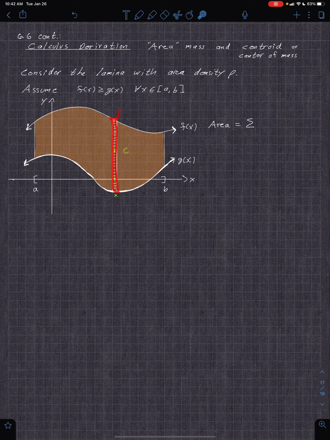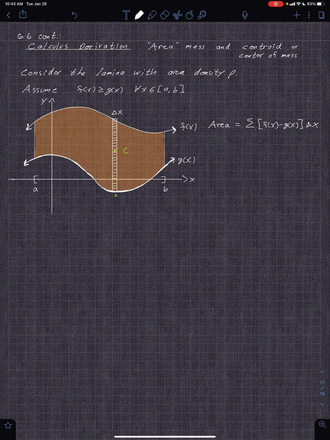The height is the difference of f and g, and the thickness in this case is your delta x. So the area is the sum of f of x minus g of x delta x, and if you integrate from a to b, you get actual area.